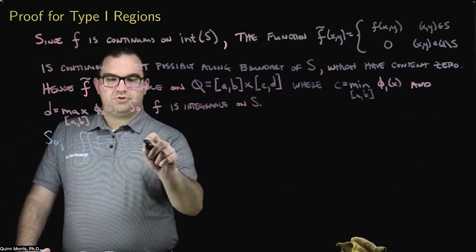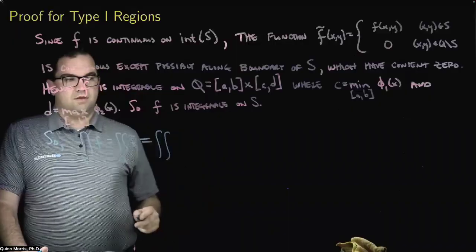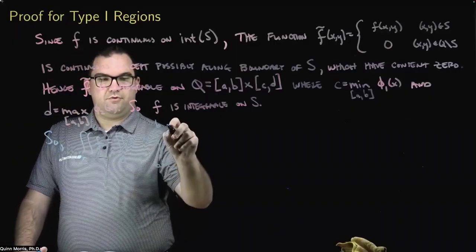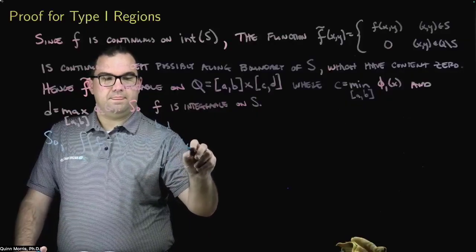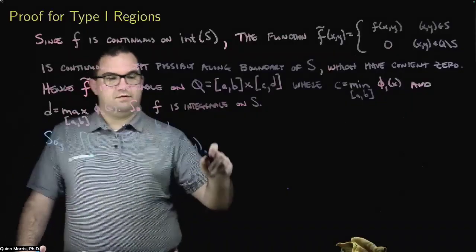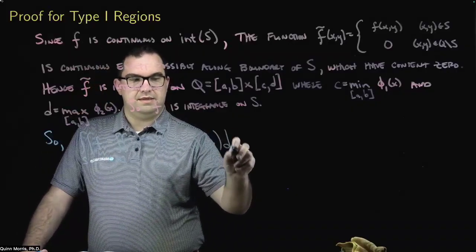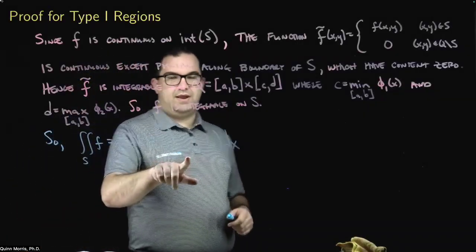But now, under certain conditions, I should be able to write this as the integral from a to b, integral from c to d of f tilde of xy dy dx. Now, what were the conditions I needed for this iterated integration theorem?